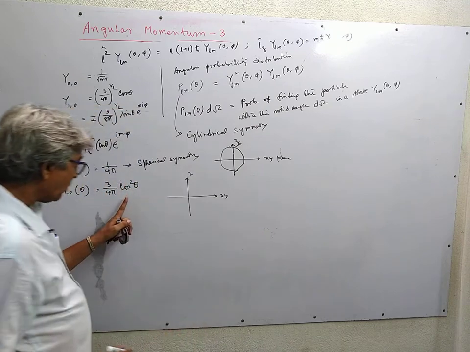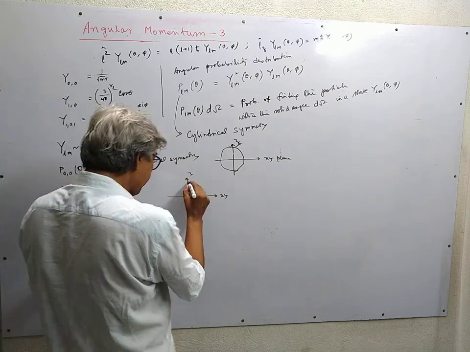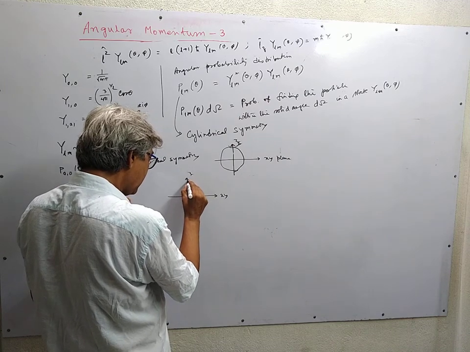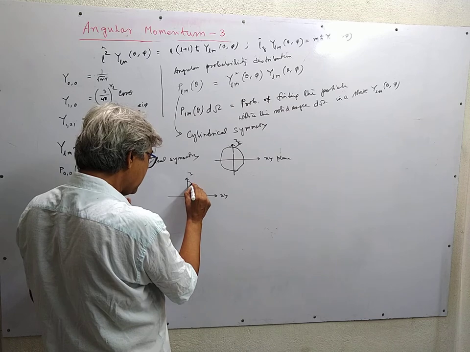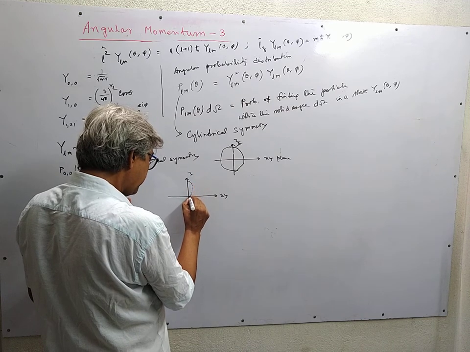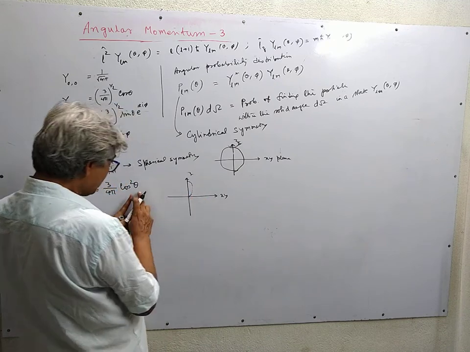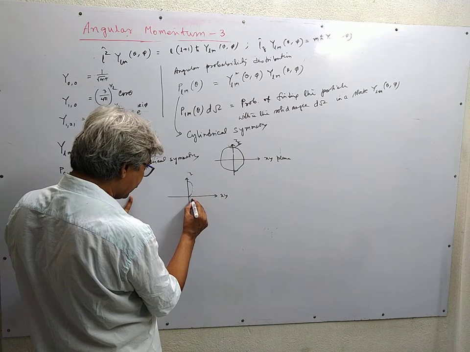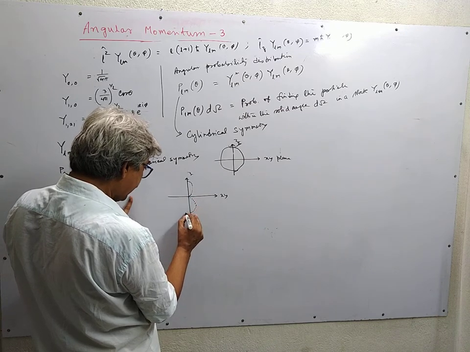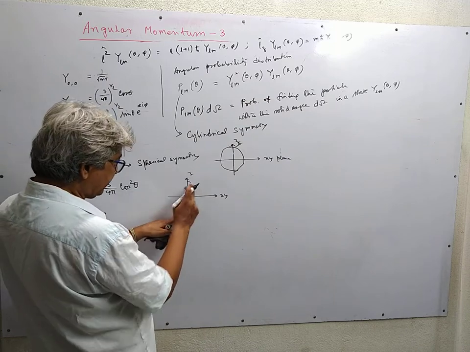On the z-axis, cos theta is a maximum, and then it becomes 0 at theta equal to 90 degrees, and when theta again increases, it becomes maximum again at theta equal to 180 degrees.